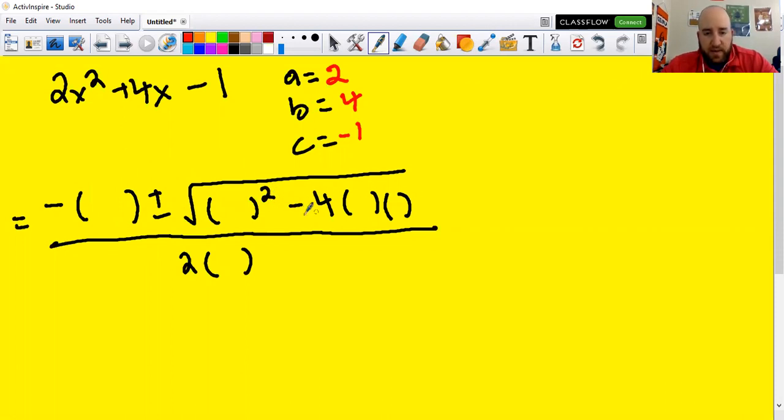Instead of minus 4ac, minus 4, parentheses, over 2, instead of 2a, 2 parentheses. So then you've got to, again, fill in your numbers. The first 2 are always going to be b. So 4, 4. This is always ac, so 2, negative 1. And then a is always on the bottom.